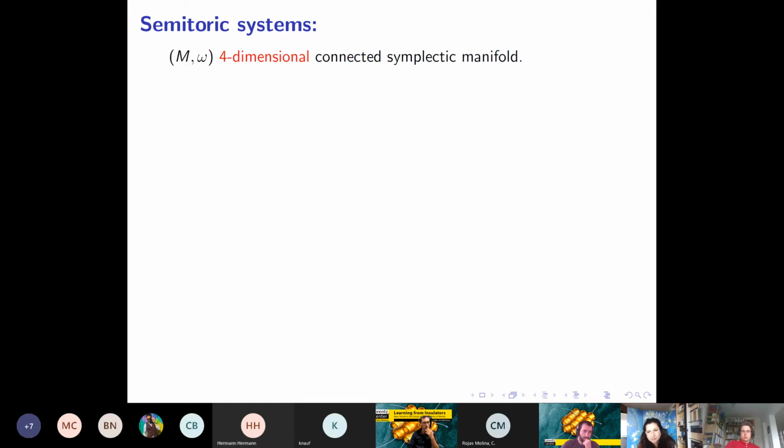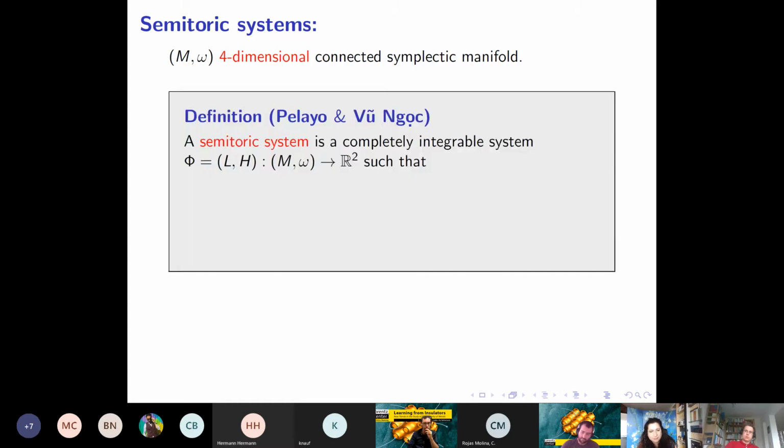And these are the so-called semitoric systems I'm now aiming for. Again, we're on a 4-dimensional manifold. And this definition goes back, I think, very originally to Van Gogh, somewhere around 2003, 2004. But since the classification was done then by those two together, I usually just mention both together for these things.